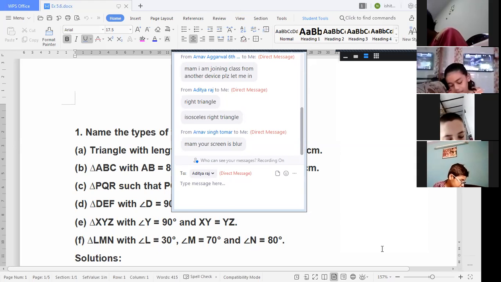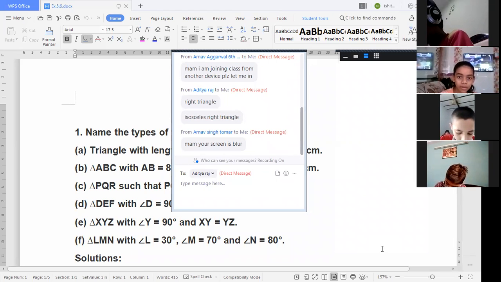Triangle LMN, because Chitra, the triangle sign is in front of that. So you will read like that: triangle LMN. Okay? Okay, ma'am. Read properly. Triangle LMN with small m.